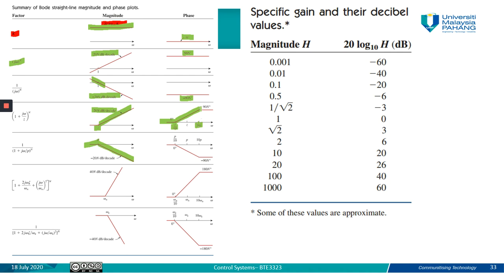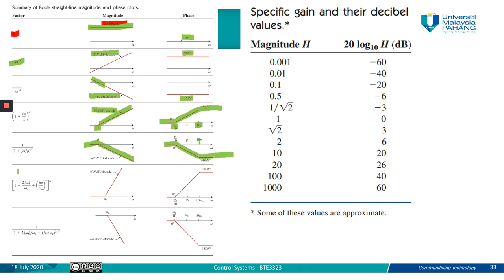After 10z, it will be 90. The same here, before b over 10, it will be 0. Between b over 10 and 10b, where b represents the value of the pole and z represents the value of the zero, it will be negative 20 dB, with a 45 degree per decade slope. Then after 10b, it will be negative 90 degrees.